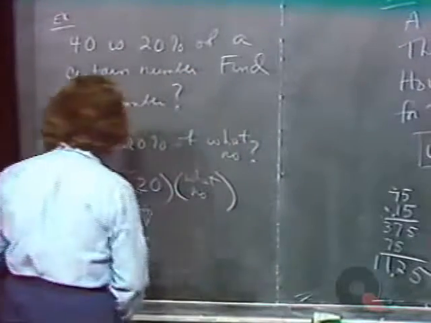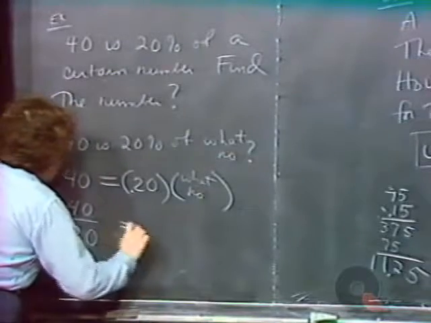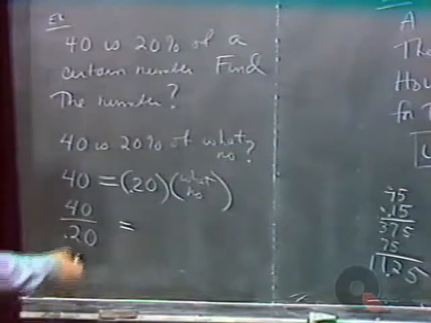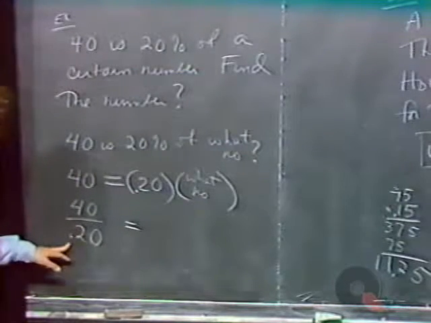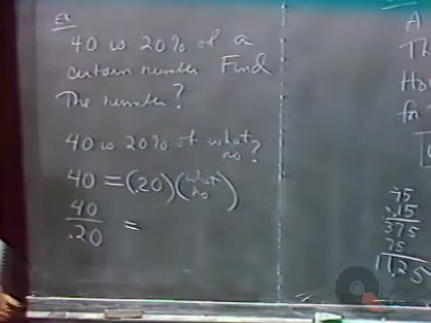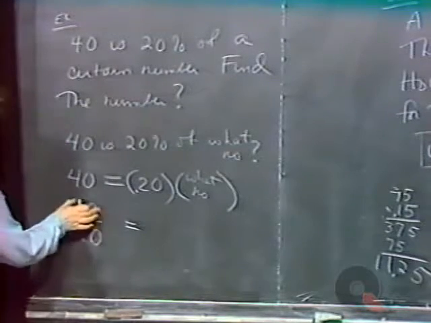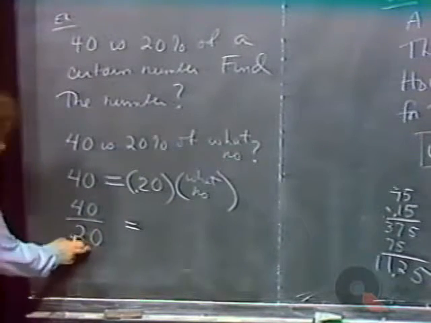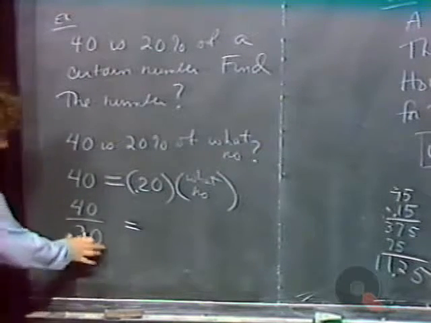Now, to do 40 divided by 0.20, to finish this up, we learned when we want to divide, we have to make sure the number in the denominator is an integer. To accomplish that, we will have to use the fundamental principle of fractions, that is to multiply numerator and denominator by, in this case, 100, so that the denominator becomes 20.